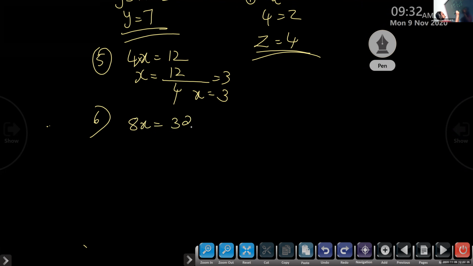Do the fifth one. x equal to 32 divided by 8. 32 by 8 equal to 4. So x equal to 4 is the answer. x equal to 4.